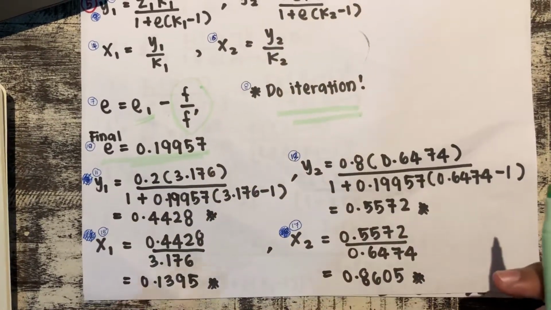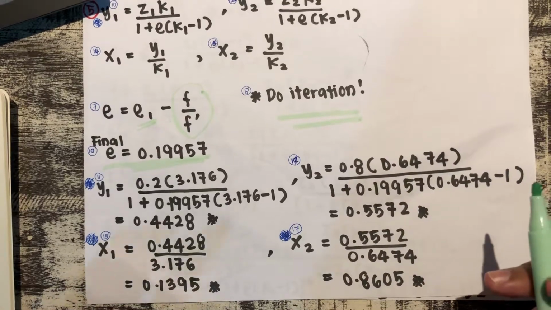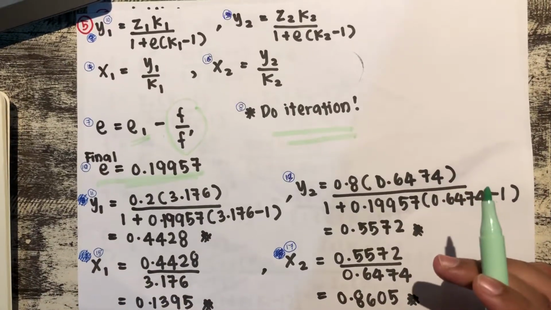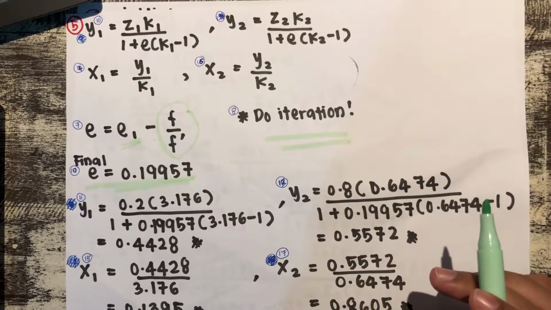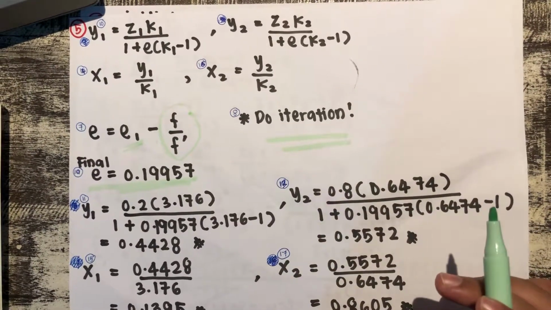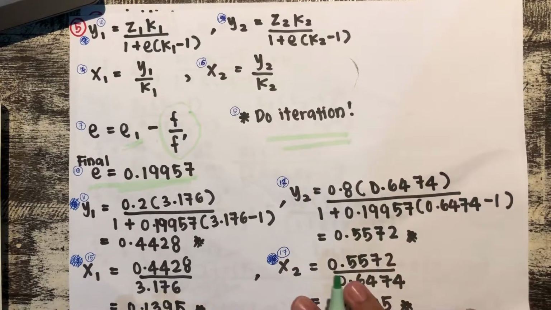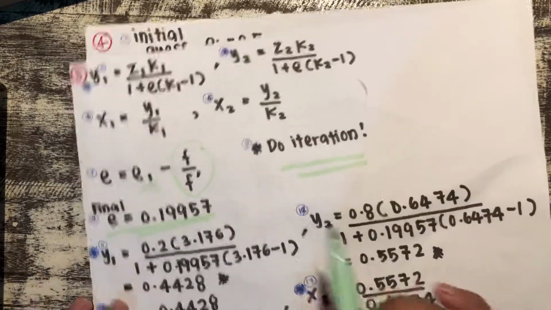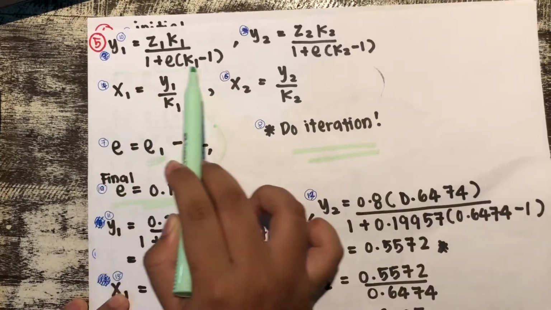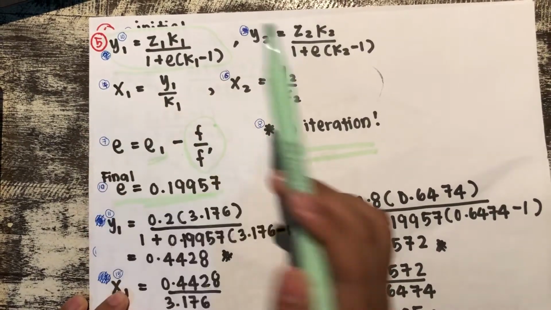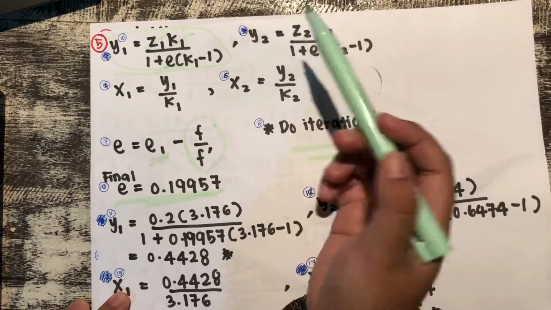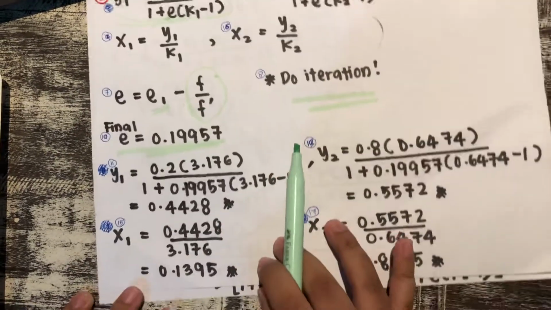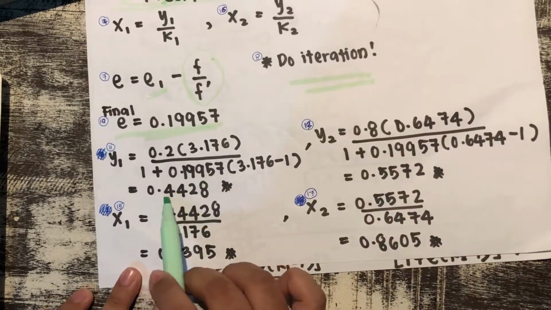So after we got our E value, then we can find the composition of liquid and vapor, which is our X1, X2, and also our Y1 and Y2. So for Y1, we will use this formula. We already have Z1, K1, E. So we just substitute them and we will get our Y1 equal to 0.4428.